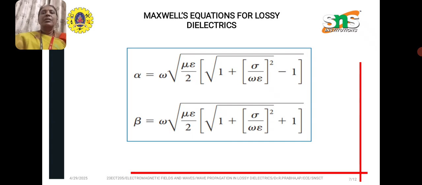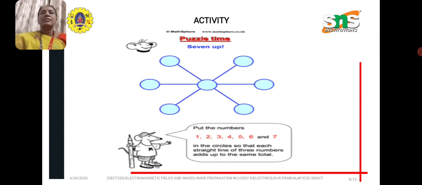The beta equation is similar, but inside the second square root, instead of minus, the beta equation has plus. So these are the attenuation constant and phase constant equations for a lossy dielectric.